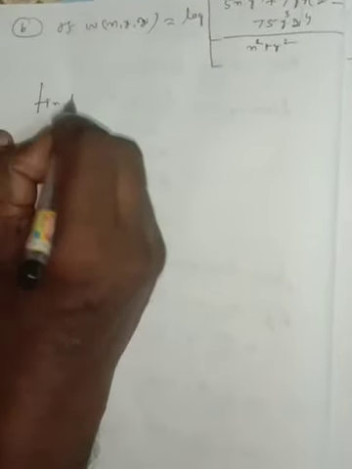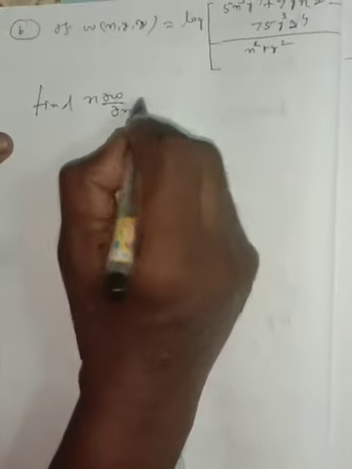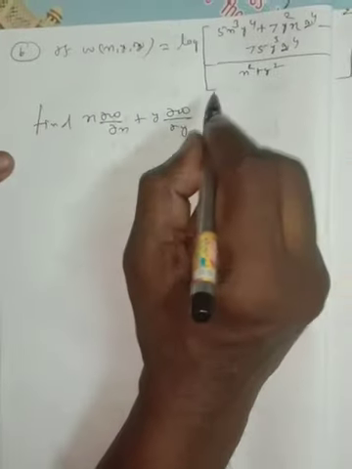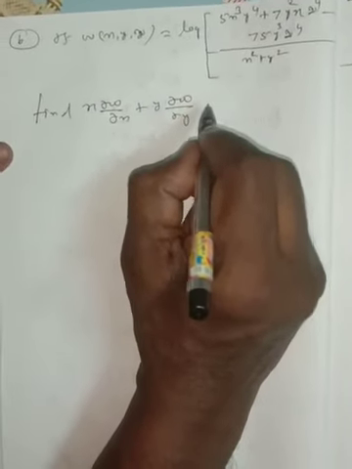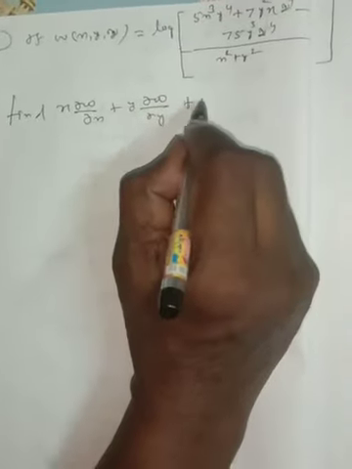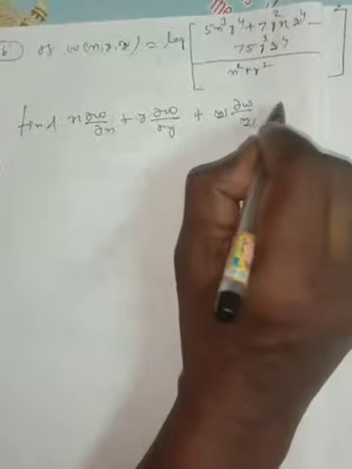Find x dou w by dou x plus y dou w by dou y plus, there are three variables, z dou w by dou z. Question.